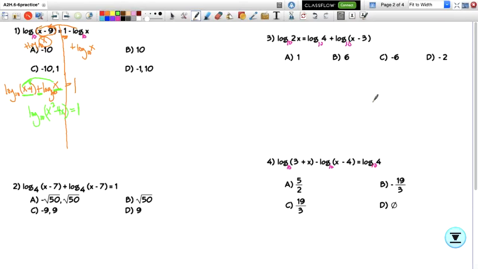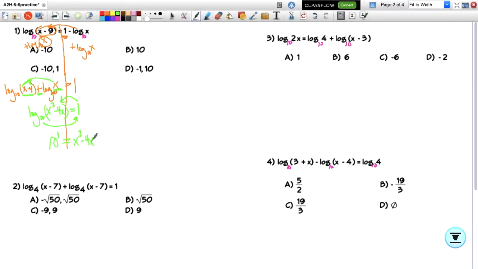Well, if you have logs on both sides, they're just going to cancel each other out. Here, there's no log over here to cancel it with. So your strategy is to change it to exponential form. And this is where section 6.4 ties in, right? We take our log base, we raise it to this power, and we set it equal to this. So log base 10 of this equaling this becomes 10 to the first power equals x squared minus 4x.